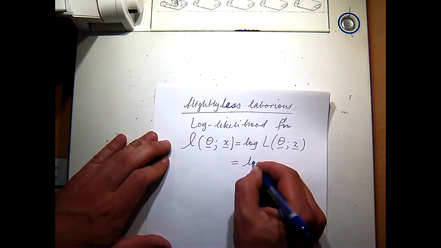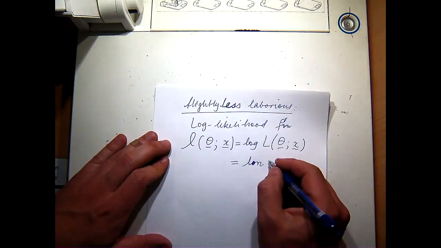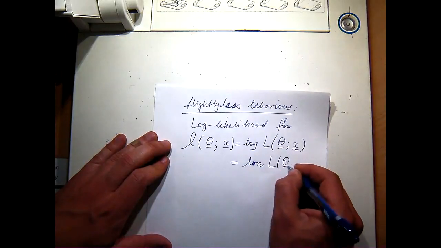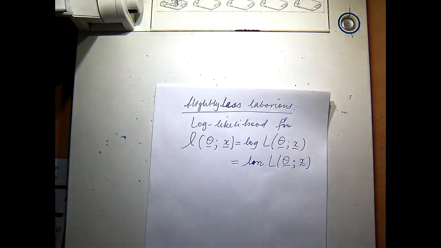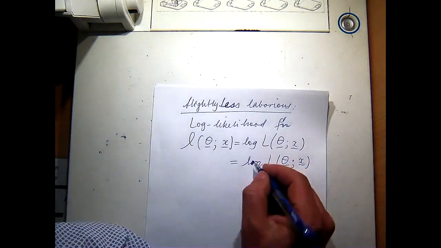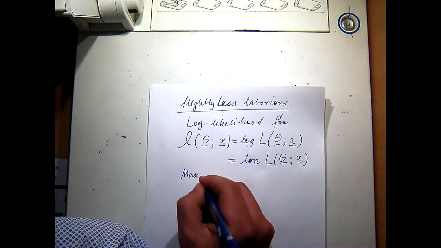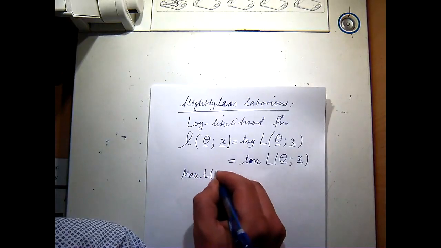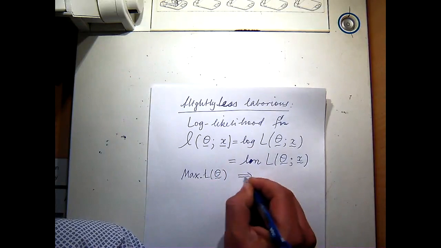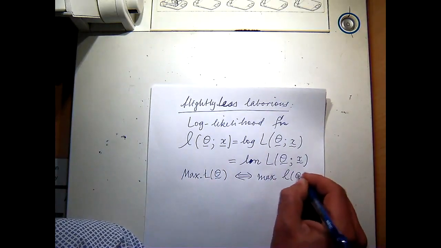So I use the word log for natural log only, because if you ever see me write log, I mean natural log, because that's the one that has the derivative 1 over x, which is the main property that we'll use. And then quite obviously, because it's an increasing function, maximizing L of theta happens if and only if you maximize little l of theta.